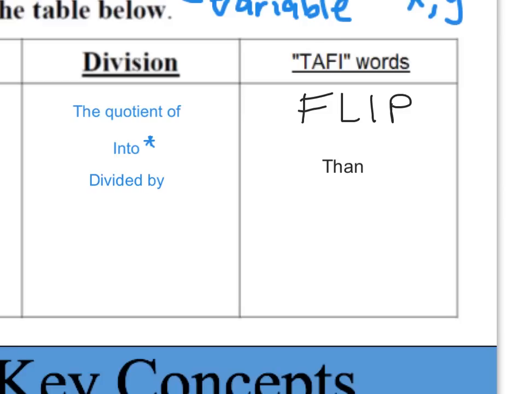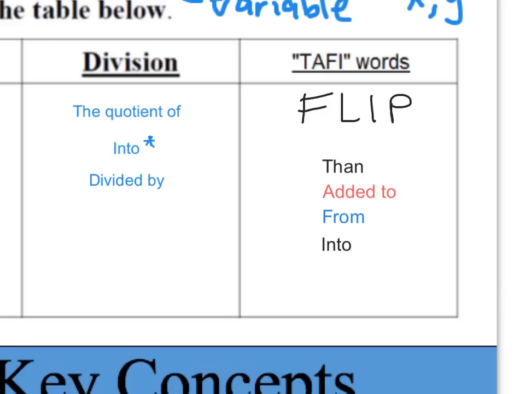Anytime you see the word than, you're going to flip the order of the numbers. The A in taffy stands for added to. Anytime you see the words added to, you're going to flip the order of the numbers. The F in taffy stands for from. Anytime you see the word from, you're going to flip the order of the numbers. And the I in taffy stands for into. Anytime you see the word into, you're going to flip the order of the numbers.